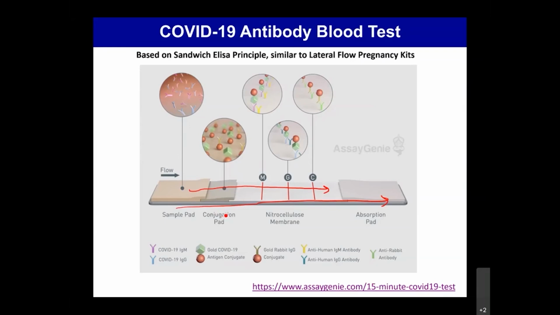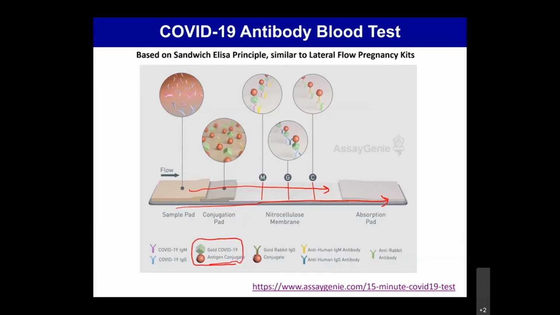And what you have done here is that, as I told you, we now have the capability to artificially synthesize either antigens or antibodies which are very specific to COVID and which are not contagious. They are not viruses. I'm using a COVID-specific antigen conjugated with colloidal gold, which gives a specific color.